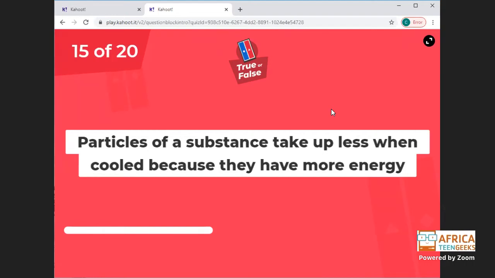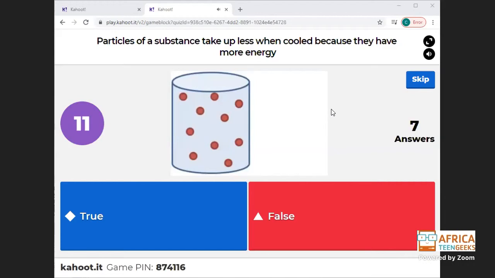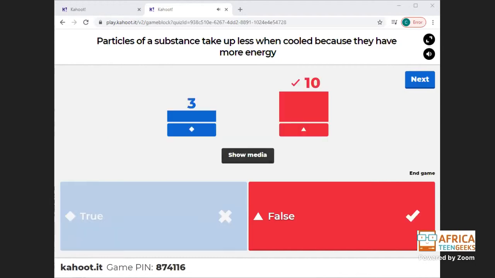They take up less space when cooled because they have more energy.